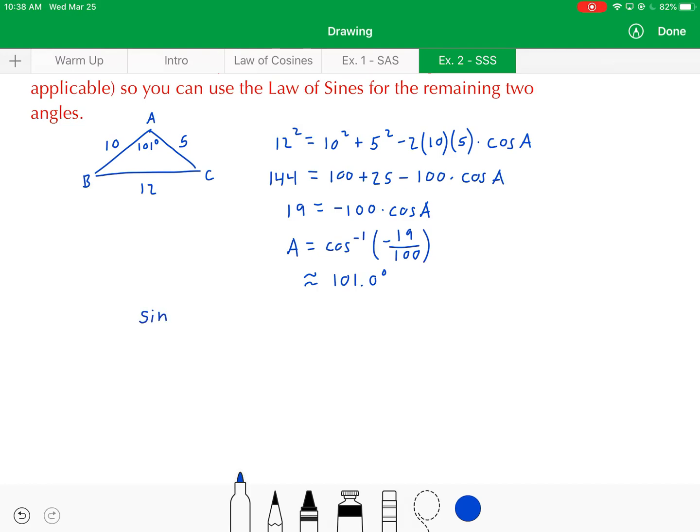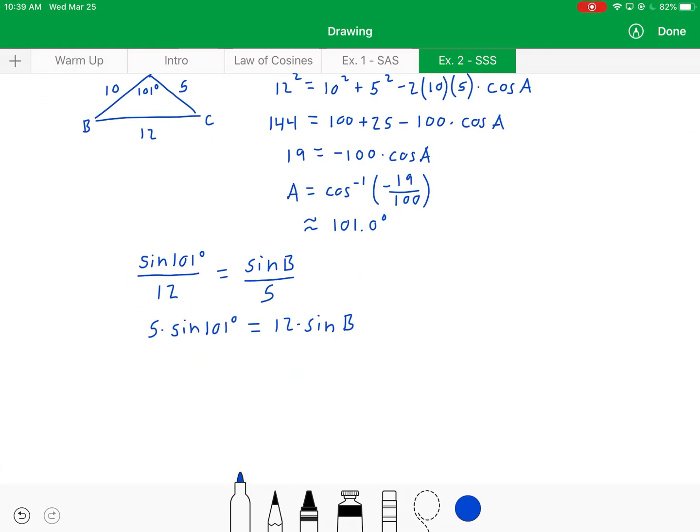So we could do sine of the 101 degree angle we just found divided by the opposite side length of 12, and that would equal sine of angle B divided by its opposite side length of 5. Cross multiply, 5 times sine of 101 equals 12 times sine of B. Divide the 12 over, then use an inverse sine function here. So B is going to equal the inverse sine of 5/12 times sine of 101.